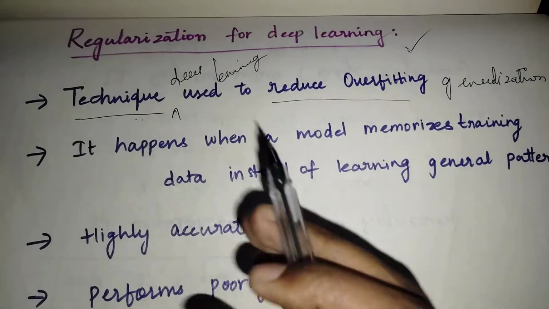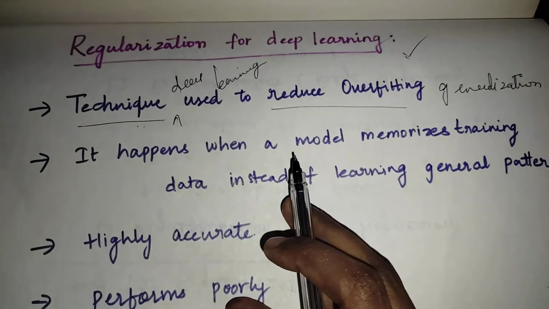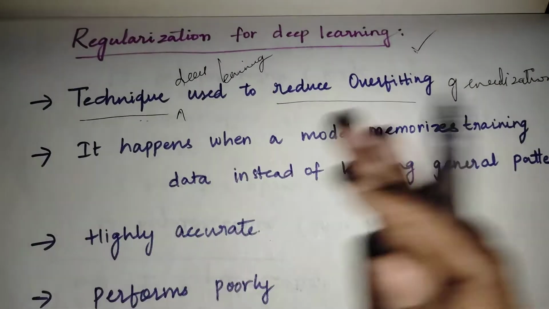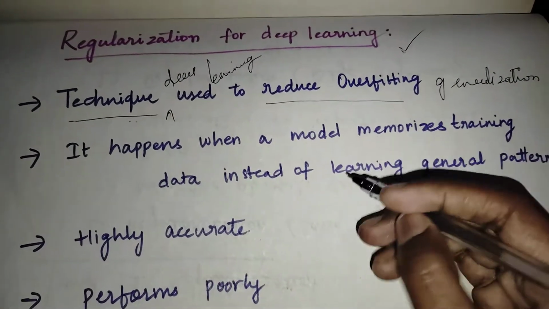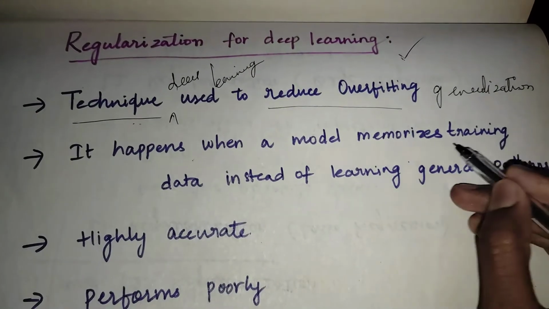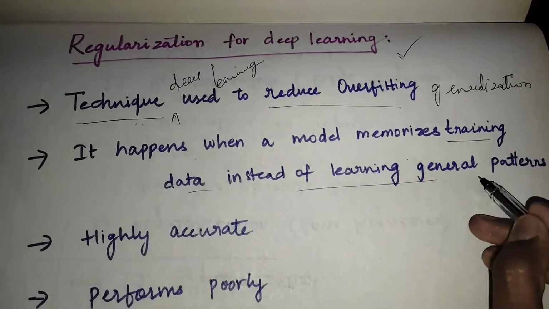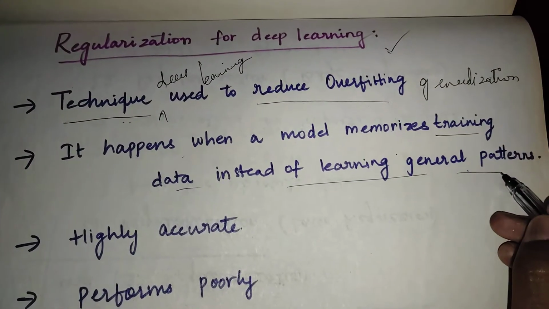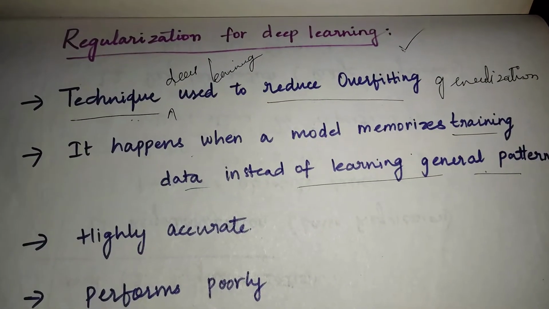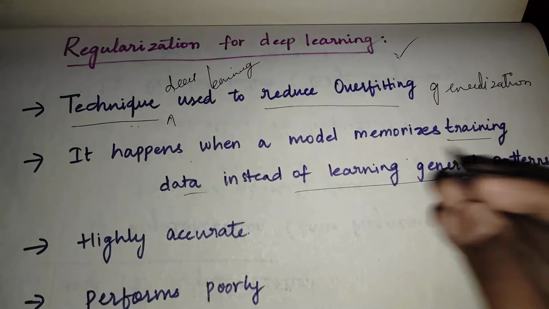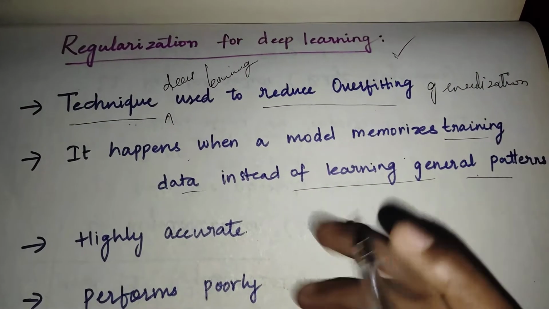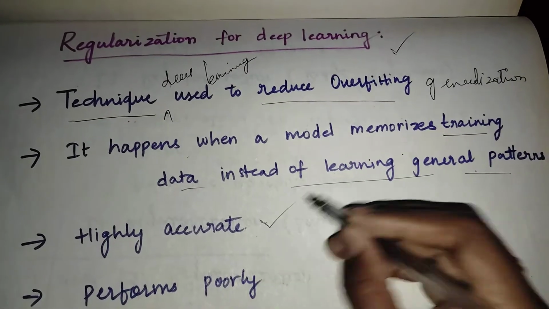It happens when a model learns the exact details and noise from training data instead of capturing the underlying pattern. It happens when a model memorizes training data instead of learning general patterns. Clear, everyone?